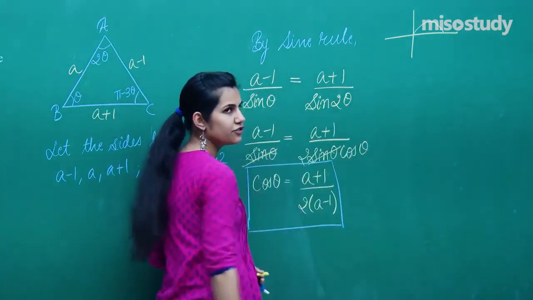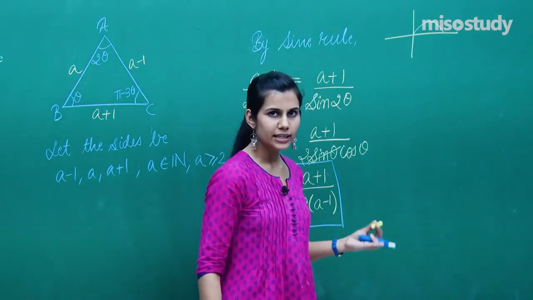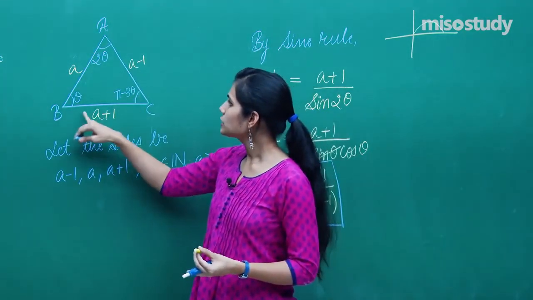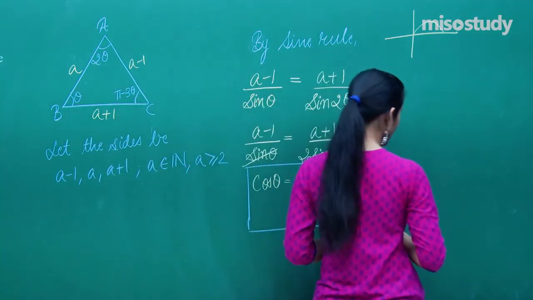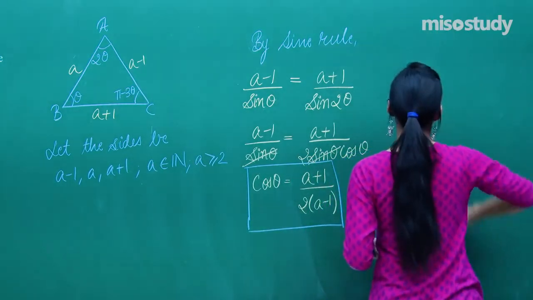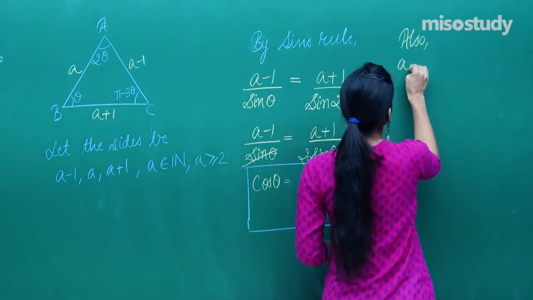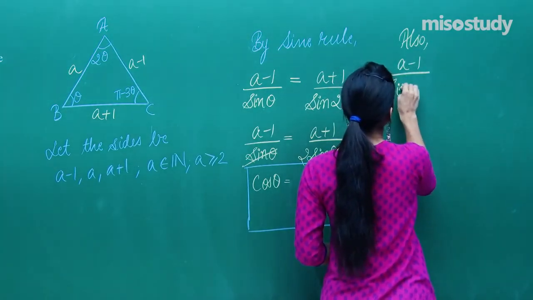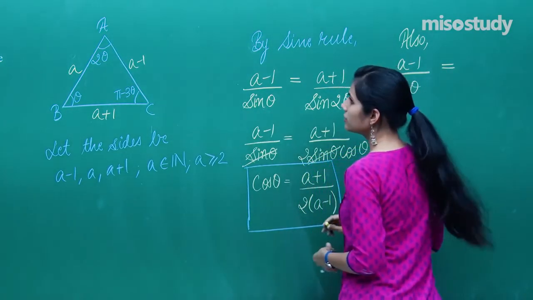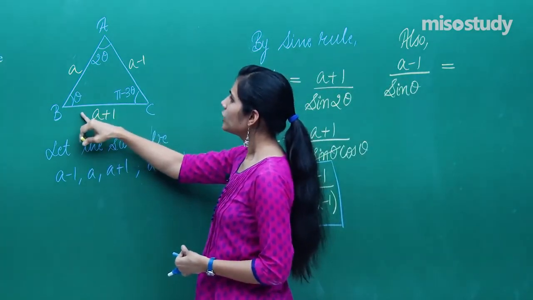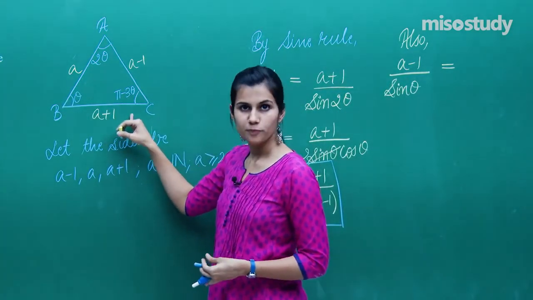There's further some extension to the sine rule. Let's now use that to get another condition. A minus 1 upon sine theta is also equal to a upon sine of pi minus 3 theta.